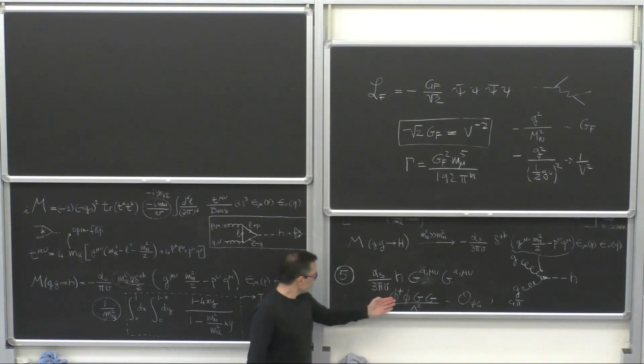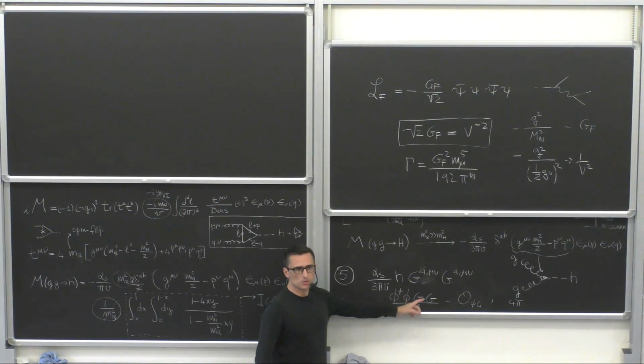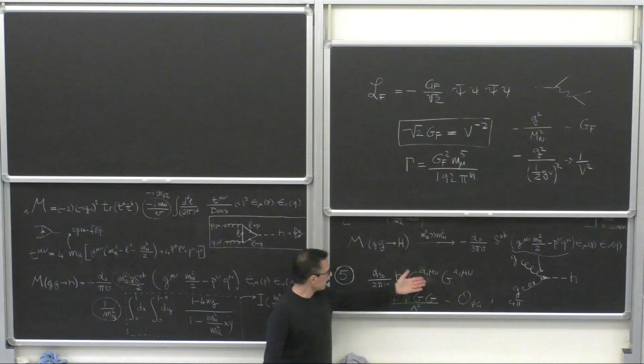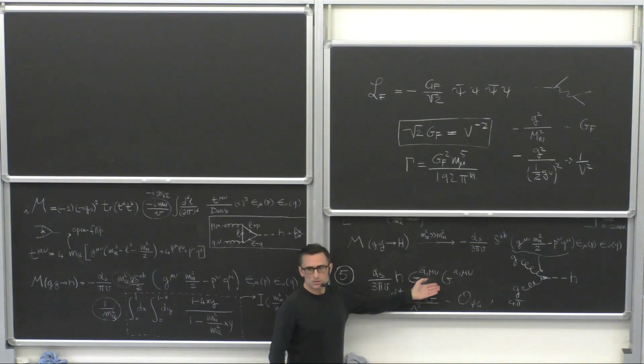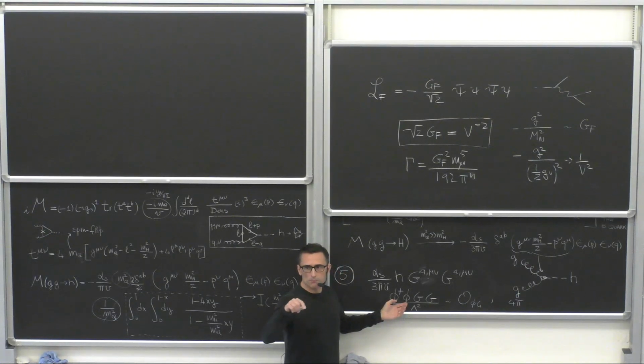Okay, so you see that when phi gets a vacuum expectation value, if you get a term which has 2 powers of v, it is v squared GG, which does nothing. It just renormalizes the kinetic term for the gluon. And then you have a mixed term, H v.